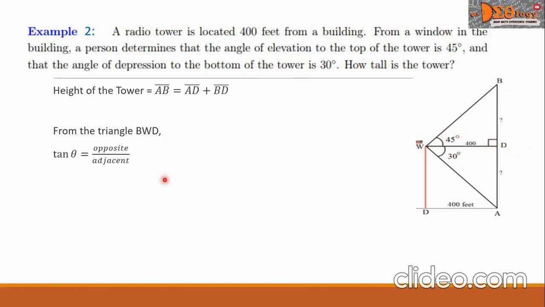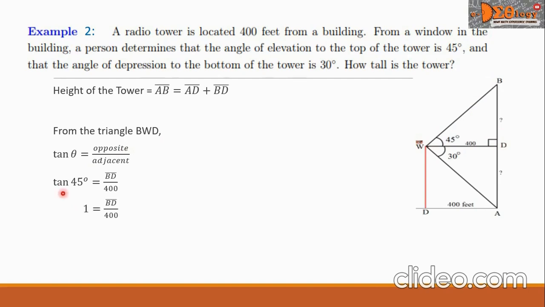So we're going to use tangent ratio, which is equal to opposite over adjacent. Substituting the values, we have tangent 45 degrees equals the BD over the adjacent side, which is 400.